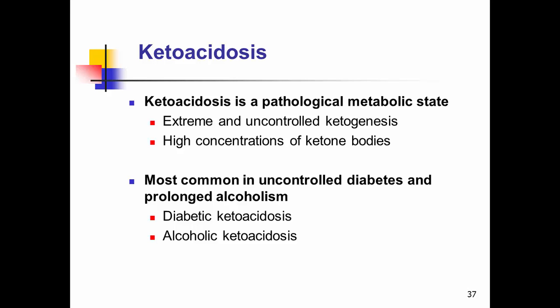Now let's talk about some pathological conditions, ketoacidosis, which is related to ketogenesis. Ketoacidosis is a pathological metabolic state caused by extreme uncontrolled ketogenesis. It means they have very high levels of ketogenic activity, causing high concentrations of ketone bodies in the body.